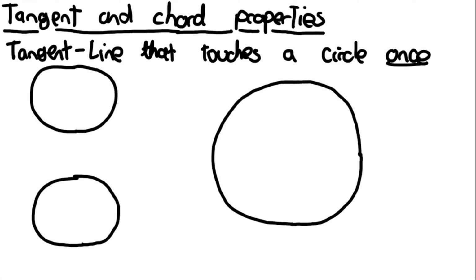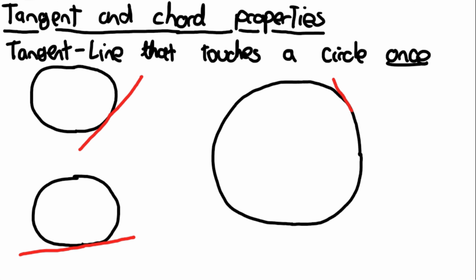They can be obviously in all types of positions. So a tangent could be like this here. A tangent could be in this position here. And a tangent could be in a position like this.